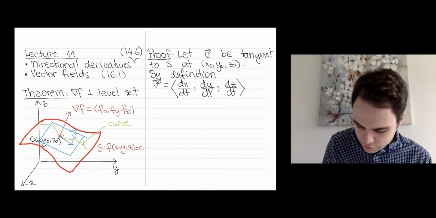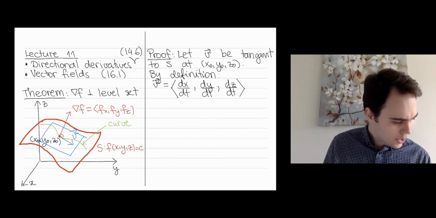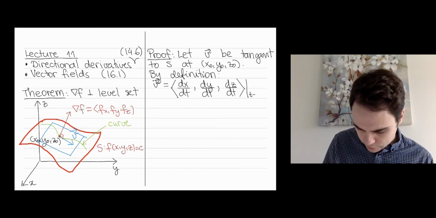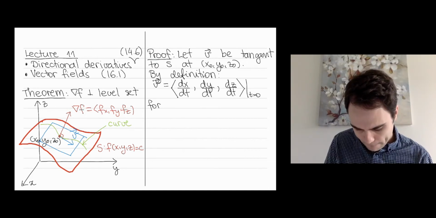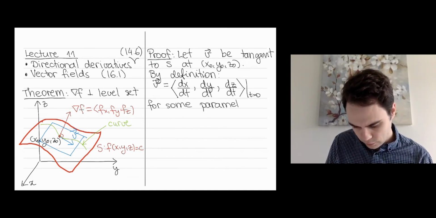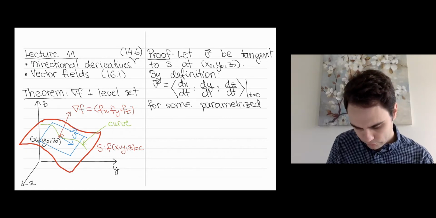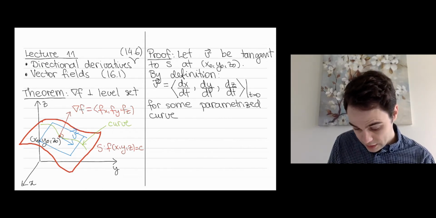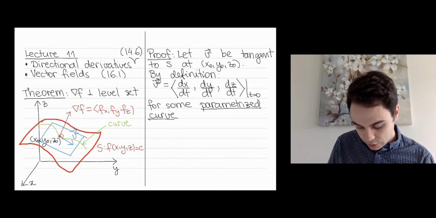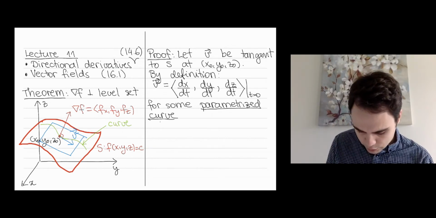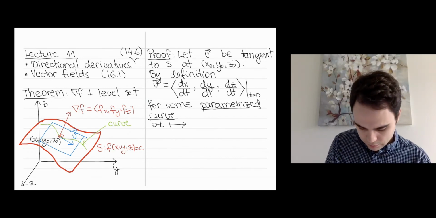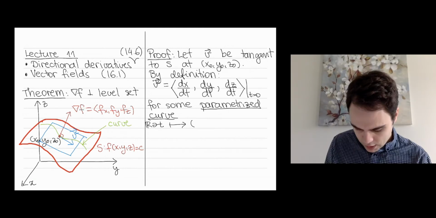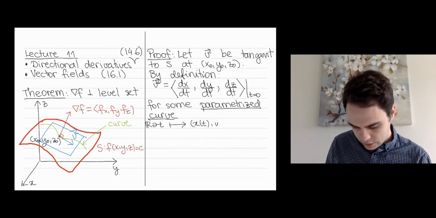So by definition, V is the derivative at time 0 for some parametrized curve, right, and this is a new term, a new idea. So this parametrized curve takes parameters t, so numbers t, to points in our surface.